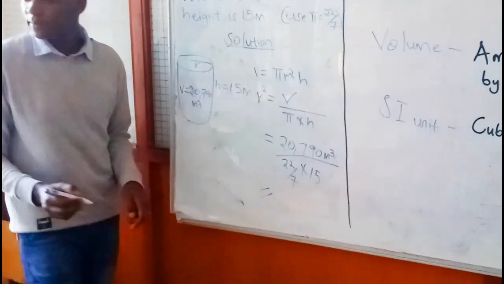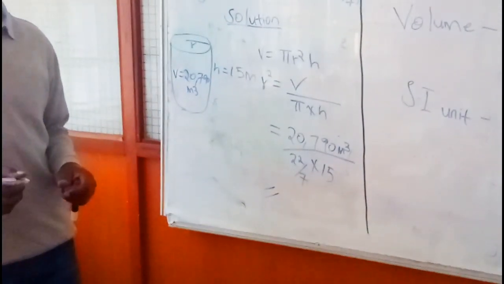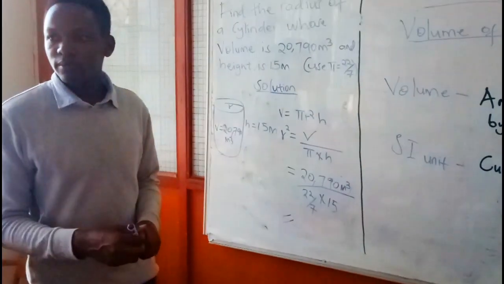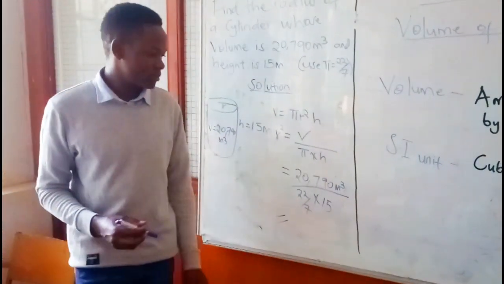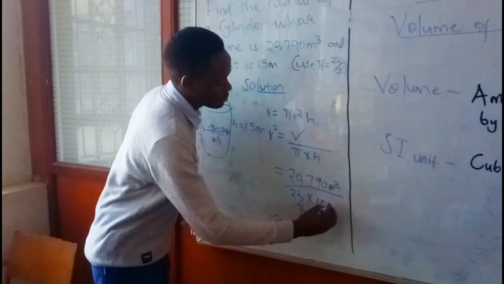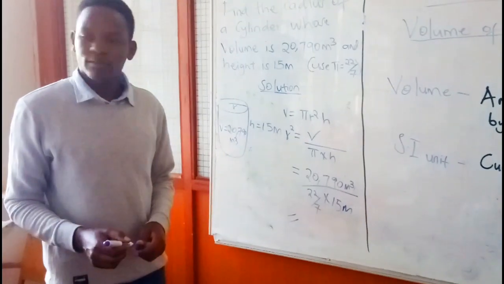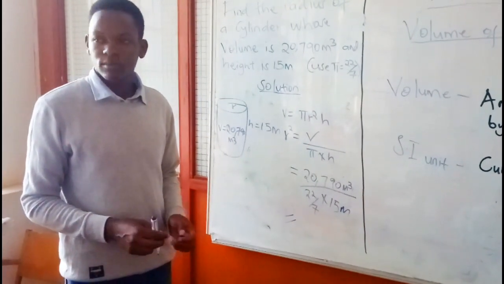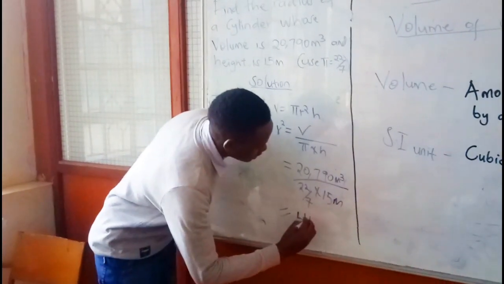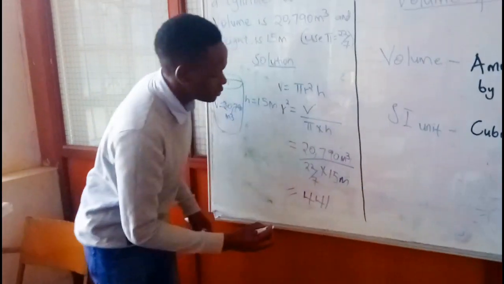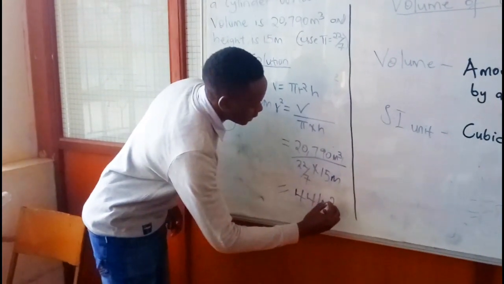What do we get? Yes, Mutwa? 20,790 divided by 22/7 times 15 meters is 441. Correct. Equal to 441 meters squared.